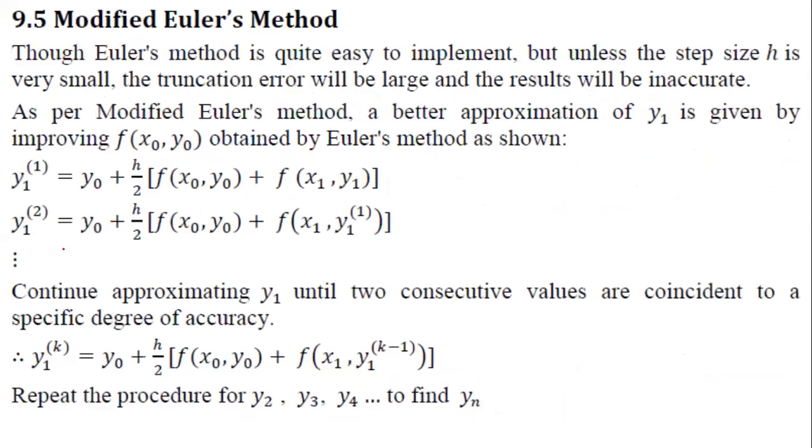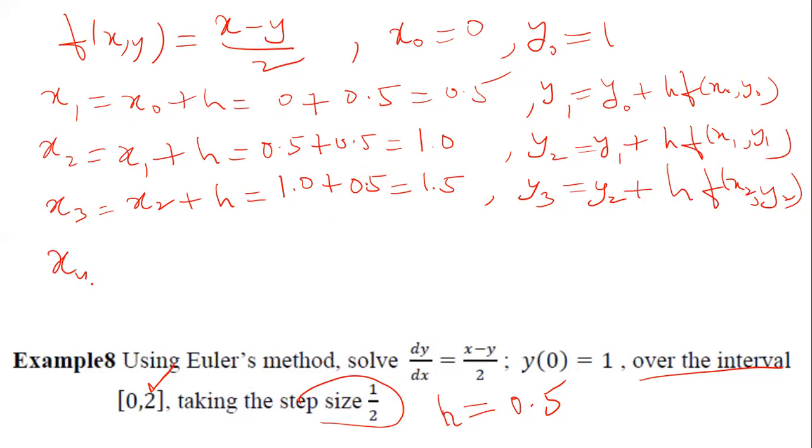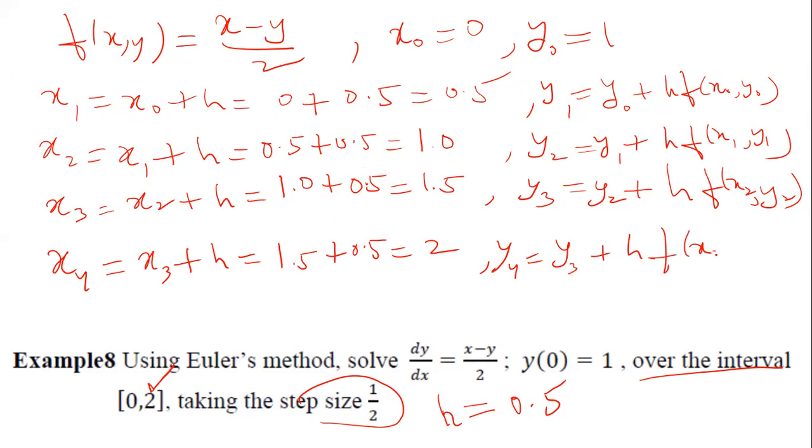Then your x4 will be x3 plus h, 1.5 plus 0.5, this will be 2. So your corresponding y4 will be y3 plus h, f of x3, y3, according to the Euler formula. Since you are supposed to calculate over the interval 0 to 2, your initial value x naught is 0, and x4 is now 2. So you are calculating between x naught and x4.